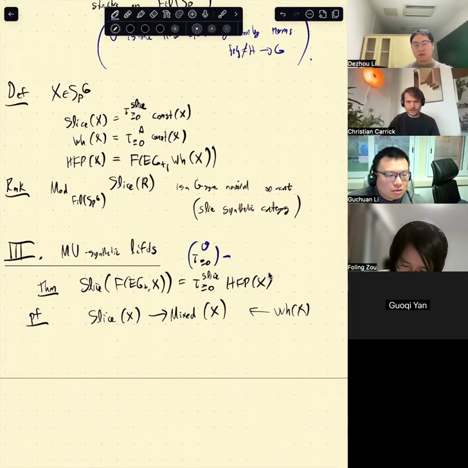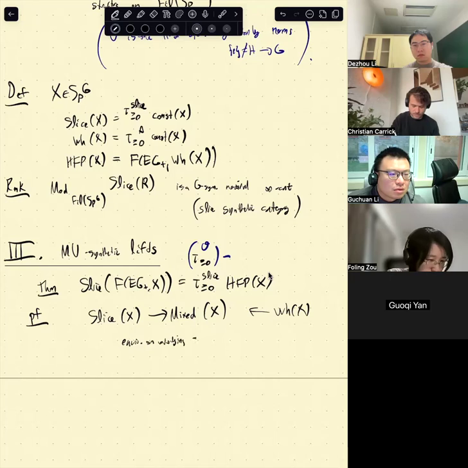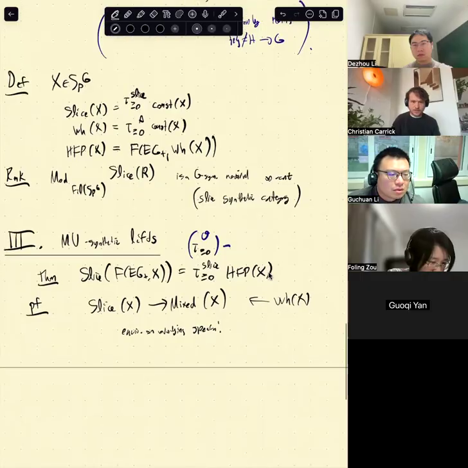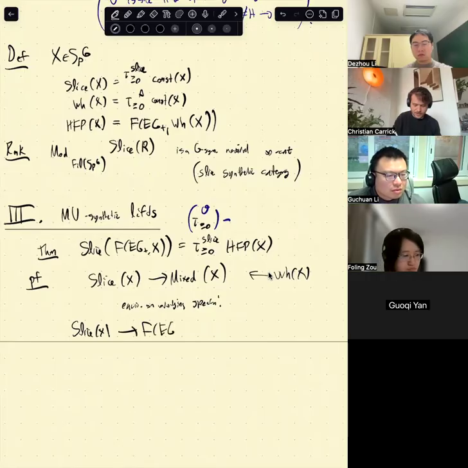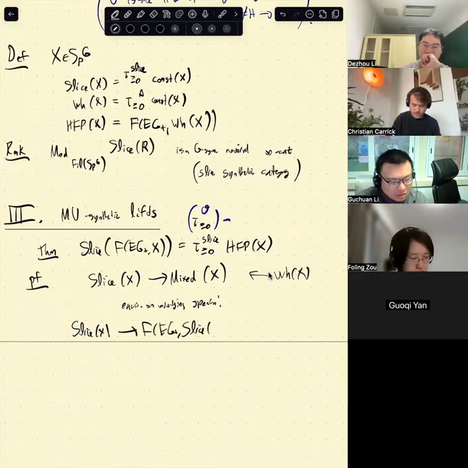Okay, and so this gives me a way of comparing the slice to the homotopy fixed point, because actually both of these arrows are equivalences on underlying spectra. So these are equivalences on underlying. So that tells me that when I apply Borel completion, they become equivalences. So this gives me the following. First I can map the slice into the Borel completion of the slice.